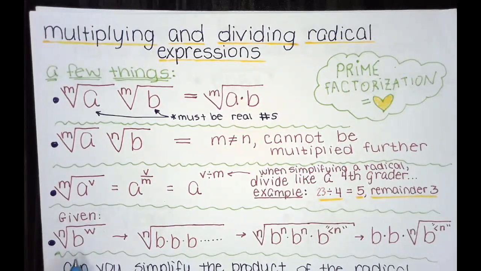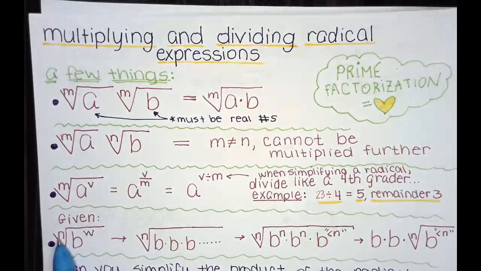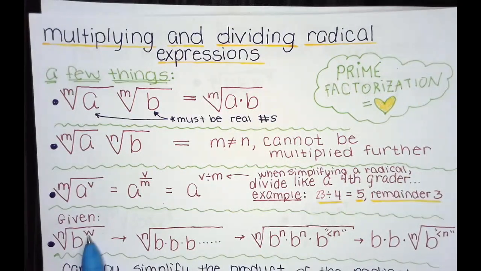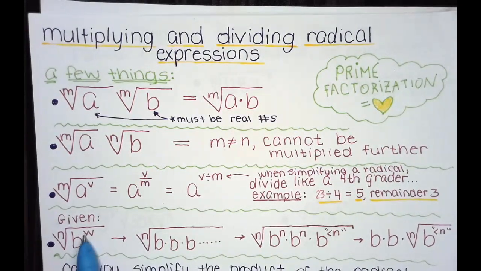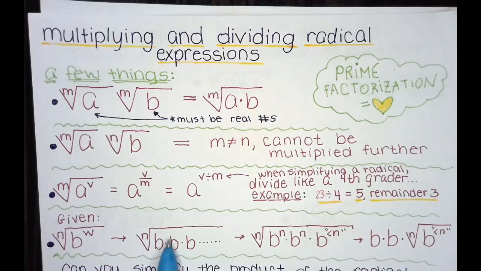All right. Now here, just sort of another breakdown of this rule. If we have the N root of B to the W power, and B to the W power, I don't know how big this W is. If W is 10, then you're going to have 10 B's multiplying by each other inside of here, okay? And I don't know what N is. Is N less than W?